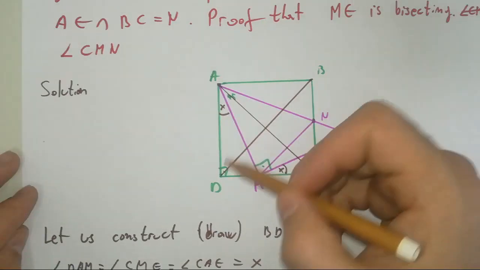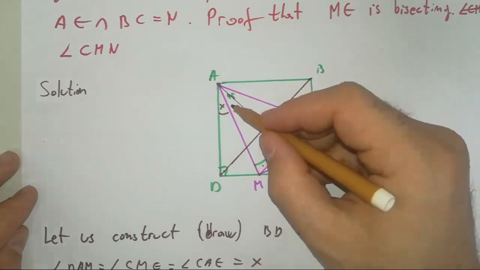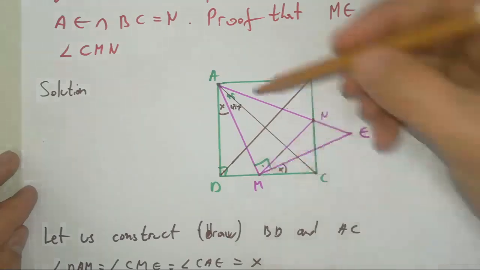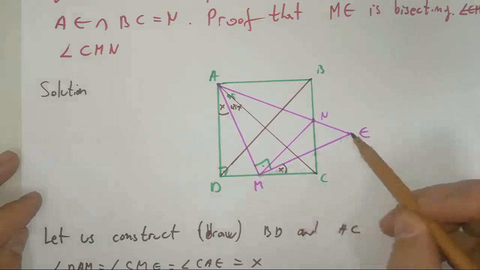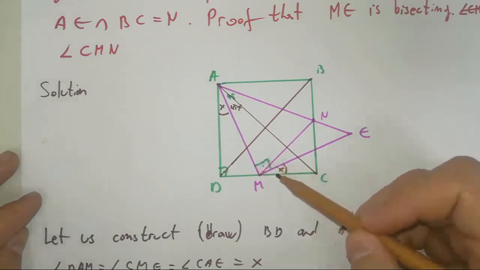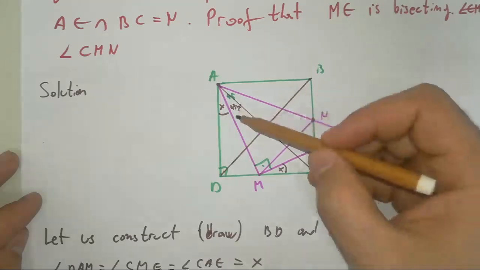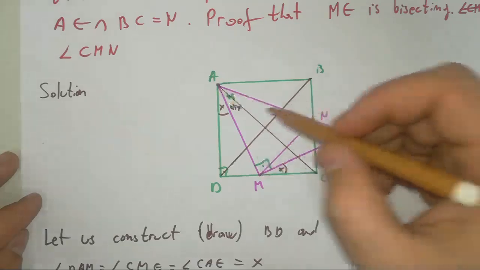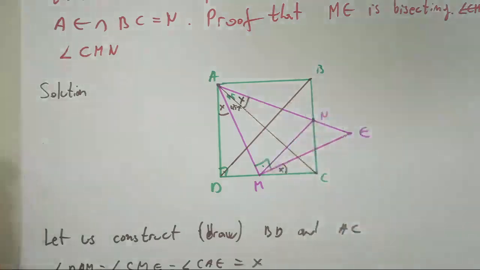Let's do the same here. This angle DAC is 45 degrees, so this angle is 45 minus x. But the angle MAE is also 45 degrees. How do we know? Because it's given that ME is equal to MA. If we have an isosceles right triangle, the angles at the base are 45 degrees. So this angle MAE is 45 degrees, which means that this angle here is x also.